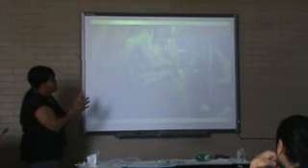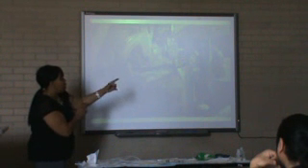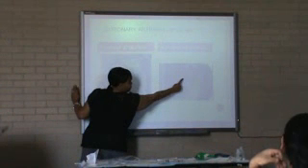And this is an actual procedure being done. You can see that the patient is slightly awake during the exam. And you can see here, this is a normal artery of the heart, and here is a narrow artery.